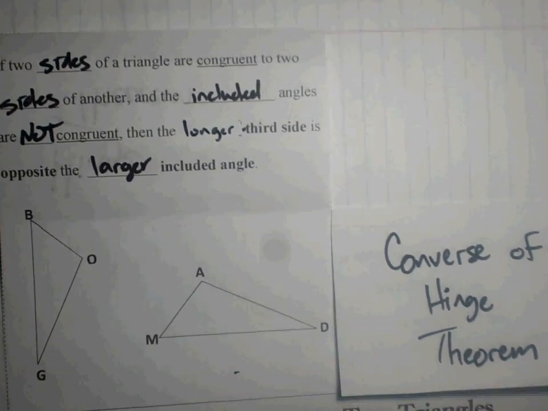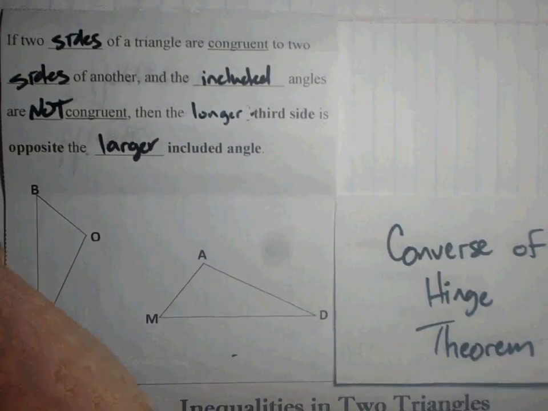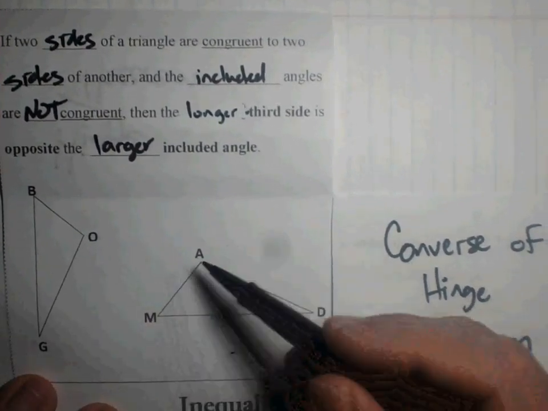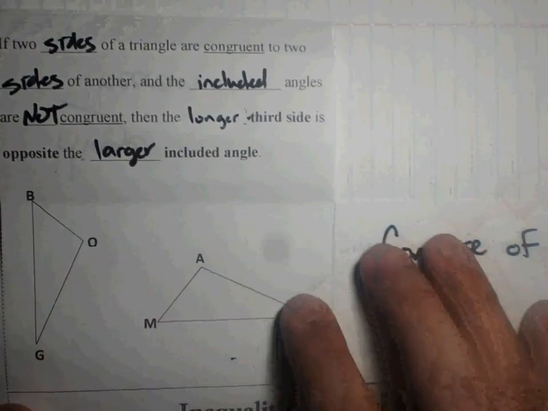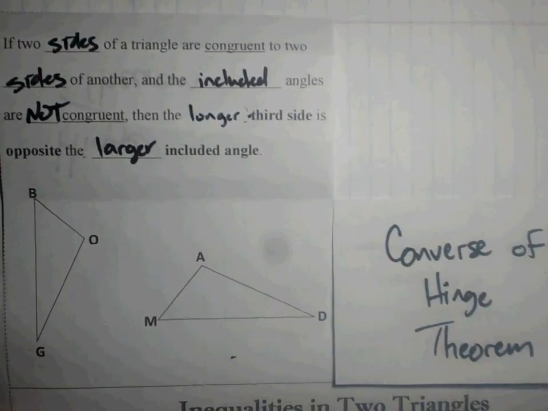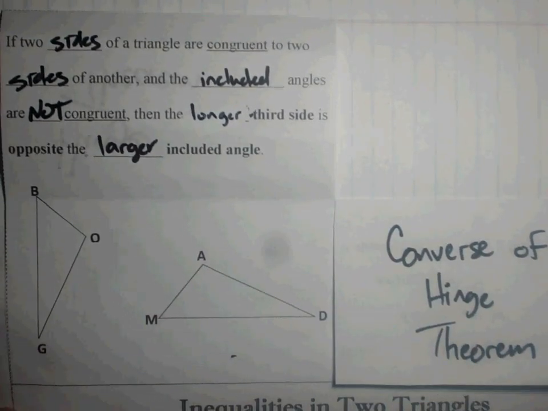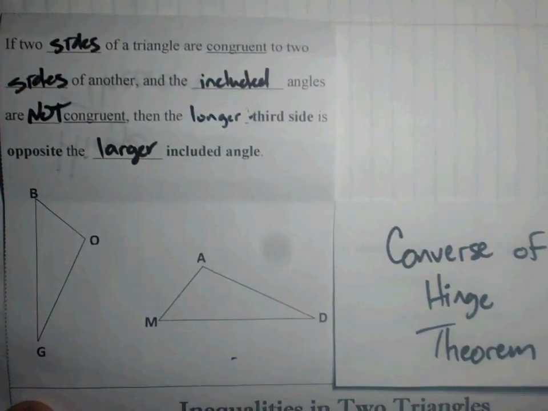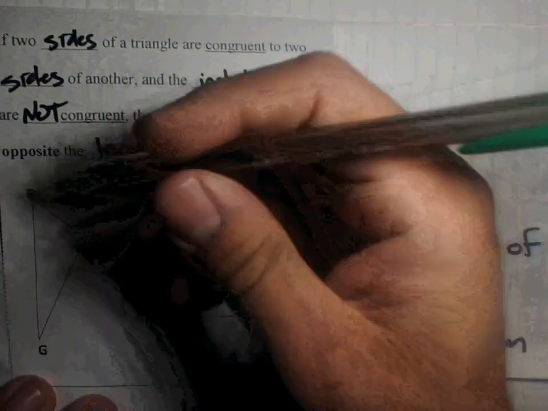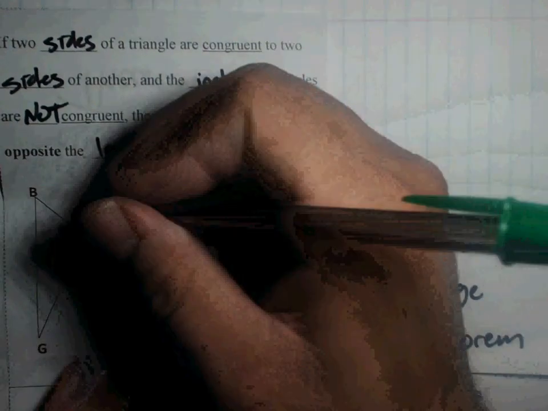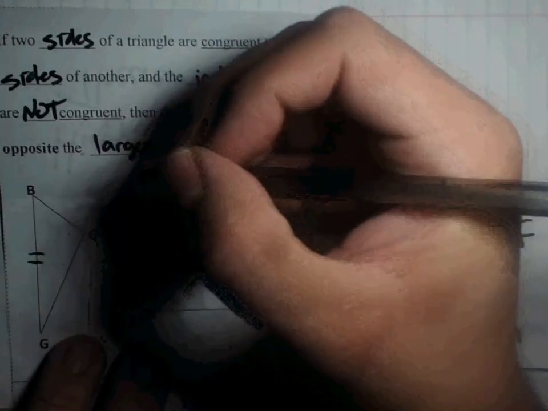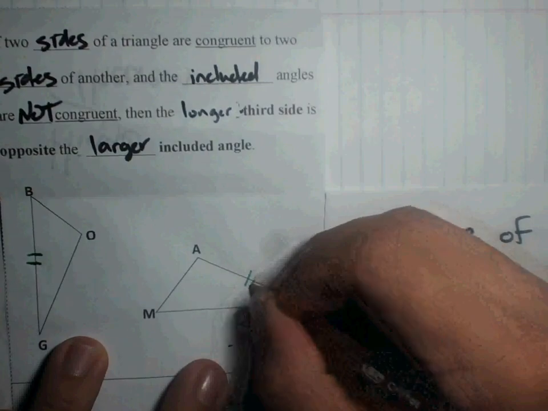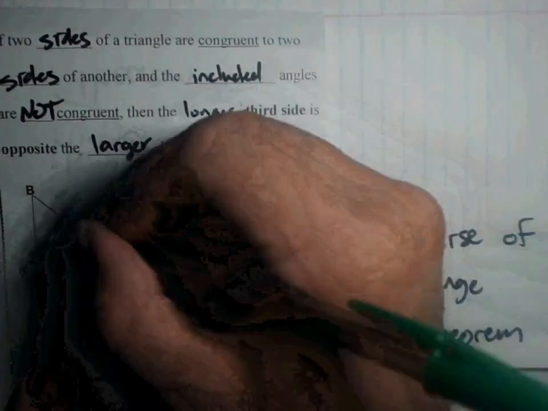If we have this triangle BOG and this other triangle MAD, and we have these two congruent sides, this one is congruent to AD, but also BO is congruent to MA.